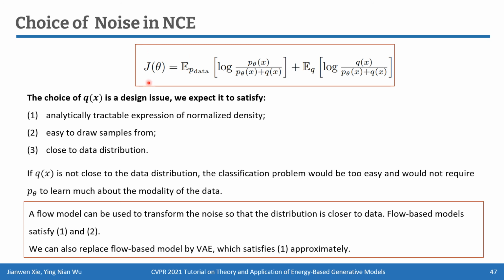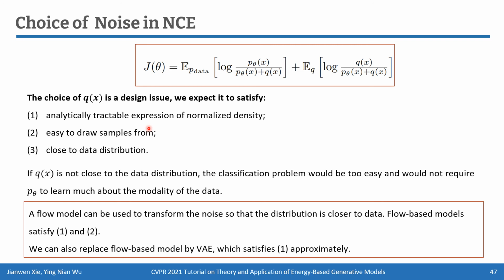And the choice of this Q, as I mentioned, is first it should be very simple, with an analytically tractable normalized form, easy to draw samples from, and hopefully close to the data distribution. A flow-based model serves this purpose perfectly.